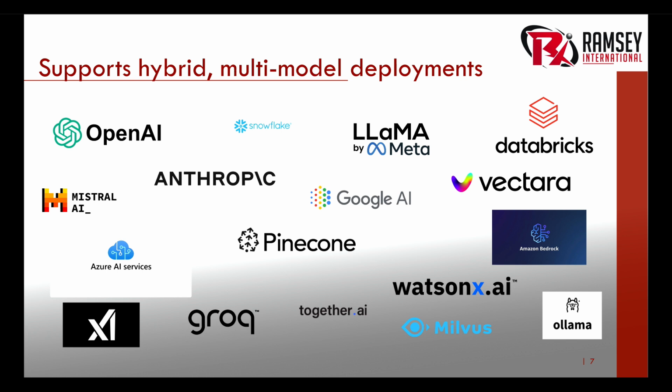So the Llama model from Meta is quite a popular model for delivering locally. For vector stores, we support Pinecone, Milvus, Databricks, Vectara. So the clients can pick and choose where they would like the questions to be answered through which chat platform and which models. And then also when you're capturing the source data, you can pick and choose which underlying vector store capability you'd like to use.